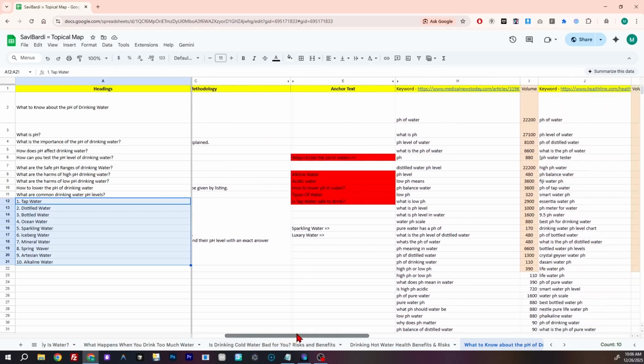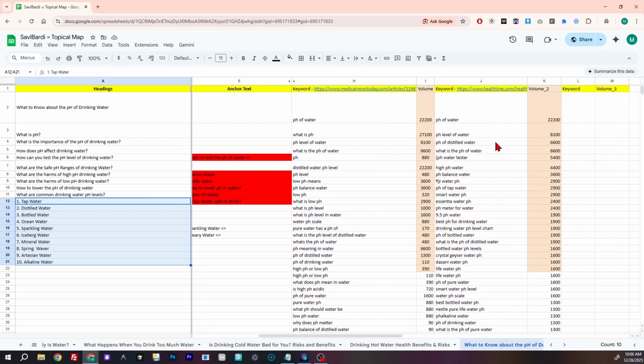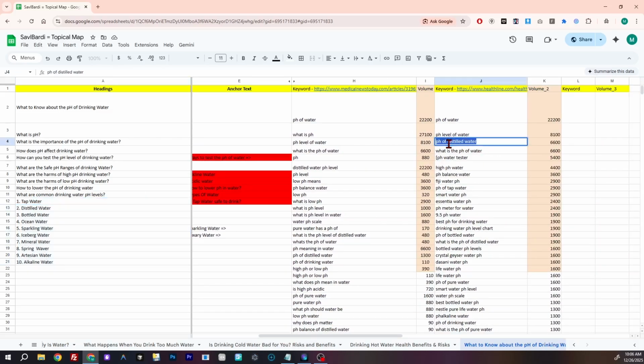Even if you look at the queries, we have the specific type of water, like pH of distilled water, and also we have certain measurements like high or low. For example, if you see high as a type of measurement in the queries, lexically you include the antonym, that is low, even if you don't see it in the queries.